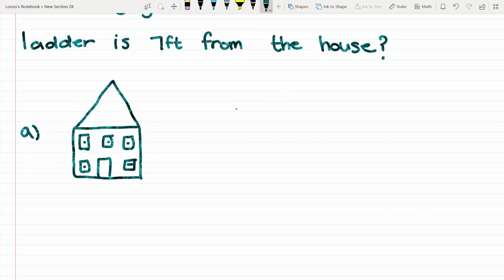And then here we have a ladder, that's a total length of 25 feet. It does not extend, it's just 25 feet. And here's the base of the ladder.